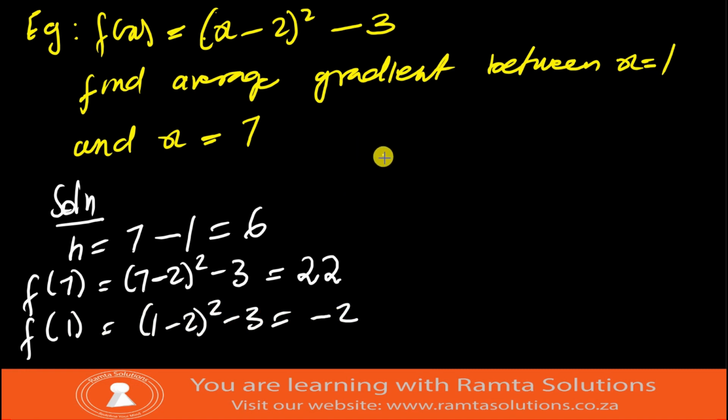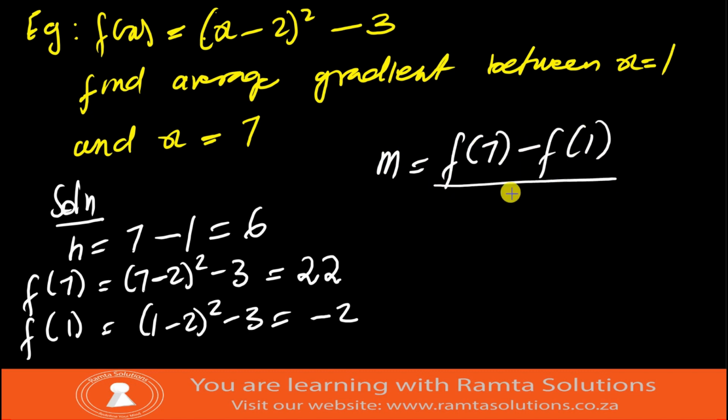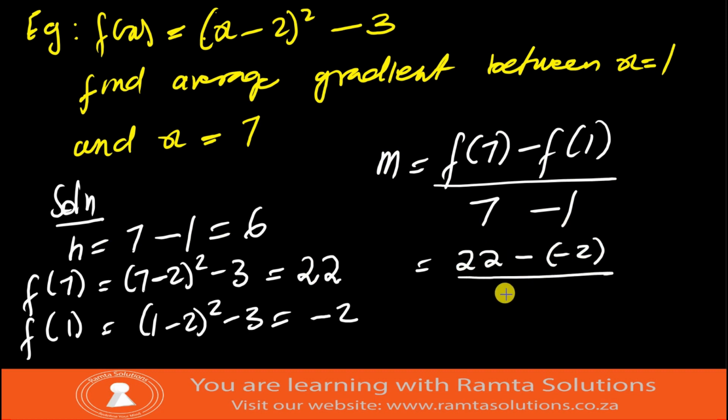So the gradient between these 2 points would be f of 7 minus f of 1, all over 7 minus 1. That is 22 minus minus 2, all over 7 minus 1. Simply, our answer is 24 over 6, which is 4.